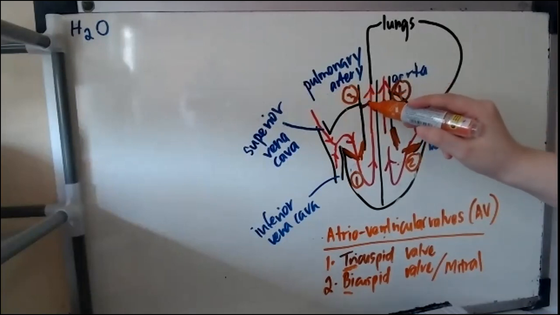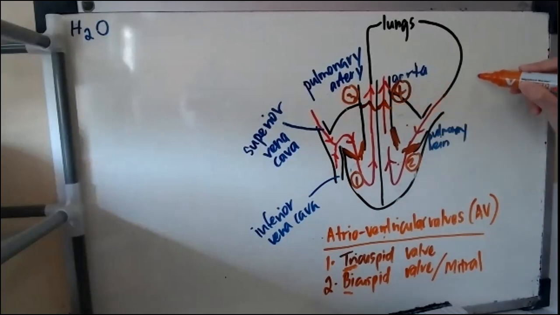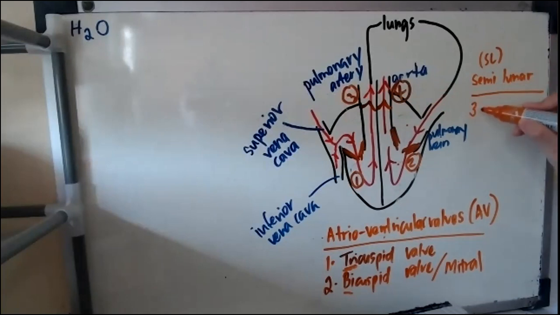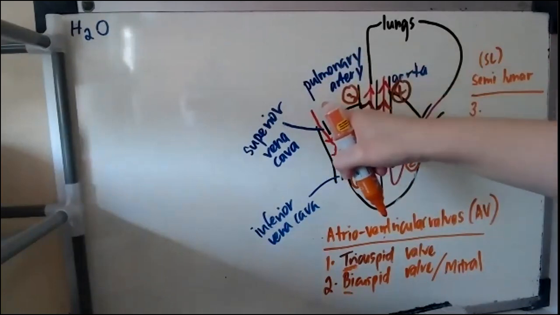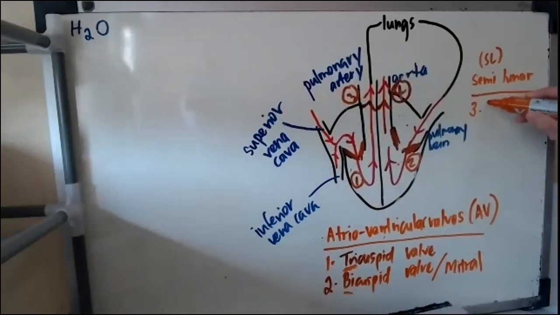And then we have these 2 valves. These 2 valves are very small. We call them the semi-lunar valves, short form SL valves. Semi-lunar valve number 3 is found in the pulmonary artery, so we take the name pulmonary valve.